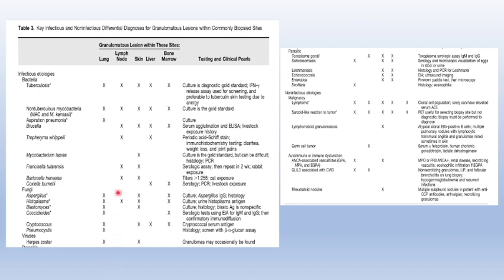If you look at this list of key infectious and non-infectious granulomatous lesions given in the guideline, it is a huge list to consider. There may be so many infections, bacterial, TB being one of the most common, and especially in our country, TB being one of the most problematic differentials, along with atypical mycobacterial infections that can mimic sarcoidosis.